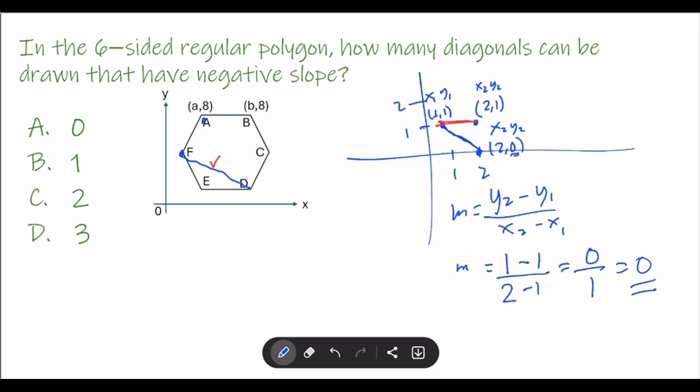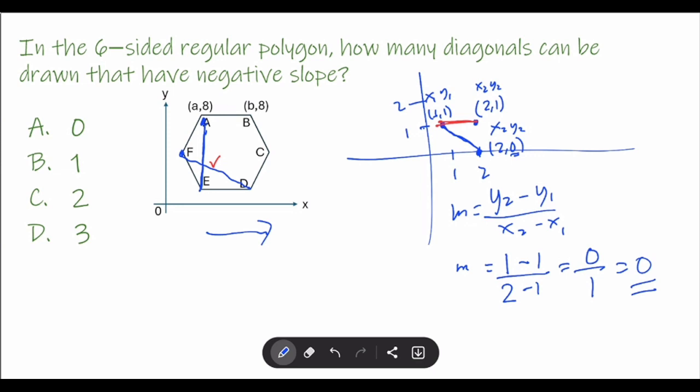From A going straight downwards to E, this one is an undefined slope. It's not a negative slope. You might think that I said if it's going downwards from left to right, but this one is not from left to right. It's literally just going downwards. So why is it not a negative slope?